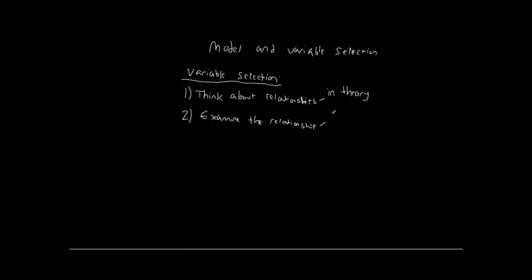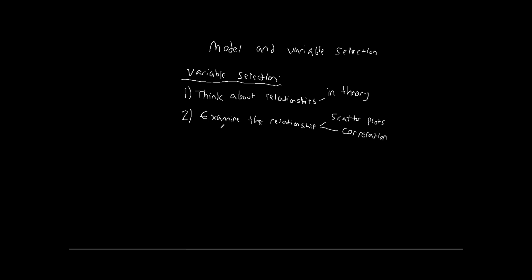I'm talking in this particular case about looking at things like scatter plots and correlations. So at this point, we've made a case that, hey, we think there's a relationship in theory. Now we're going to look at the relationships using all the different methods that we've talked about. Does there appear to be a relationship? Does that relationship seem significant? That's step 2. And this could include things like transforming them to make them linear.